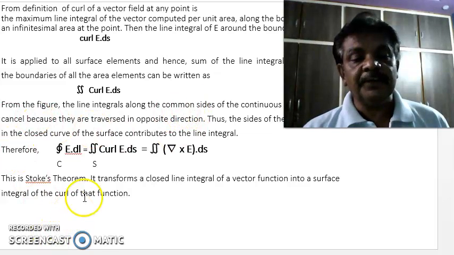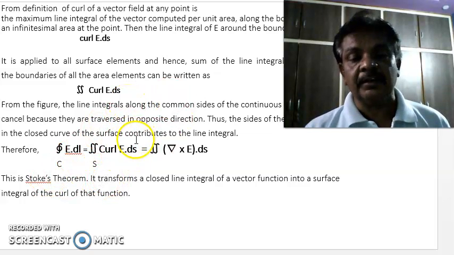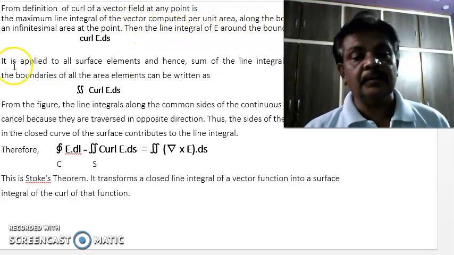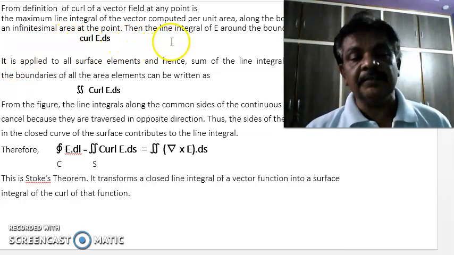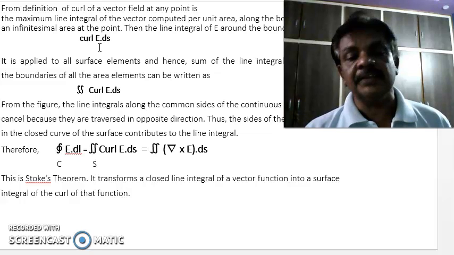Coming to the definition of curl of a vector field, the line integral of the vector computed per unit area along the boundary is given by the curl, that is del cross E bar.